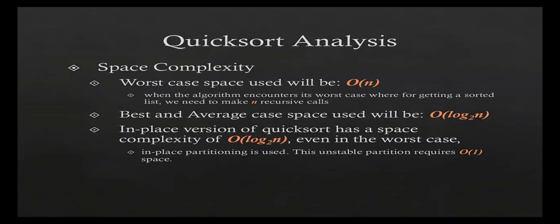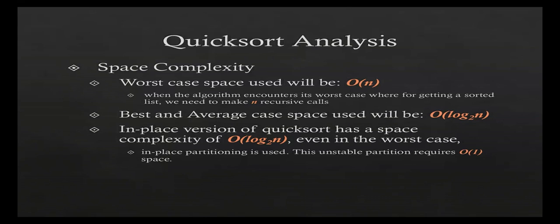So we can say that for quicksort, the space complexity for the worst case should be order of n, because when the algorithm encounters its worst case, getting a sorted list, we need to make n recursive calls, right?